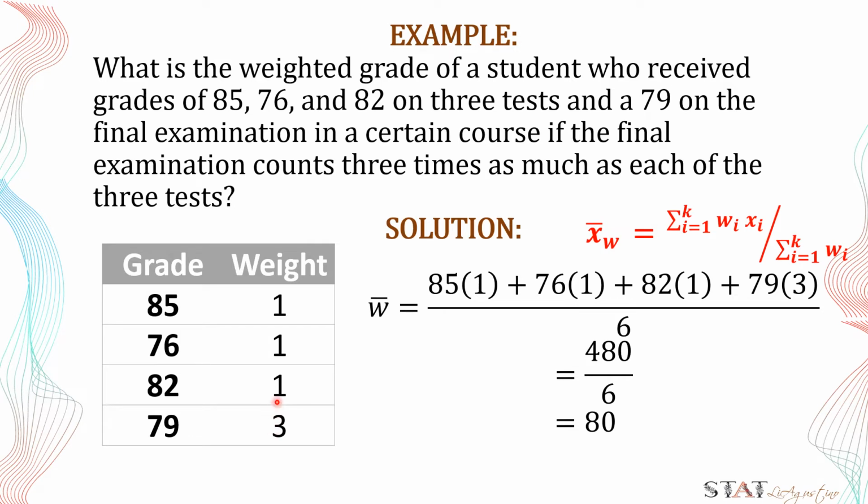We have 3, 4, 5, 6. So 6. So 480 divided by 6 is equal to 80. Then that is the weighted mean of the student in this example. So I believe now you can compute your GPA, so you will have an idea if you are in the cutoff of cum laude or magna cum laude. So I hope you will apply it.